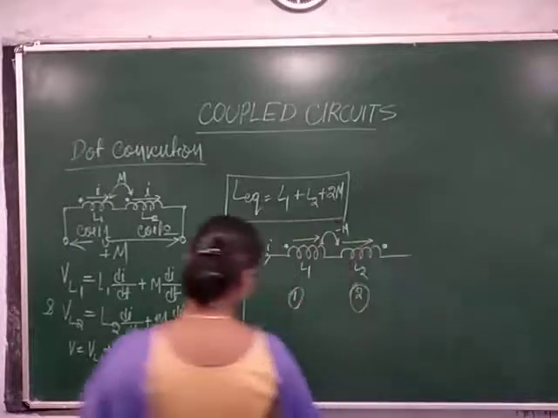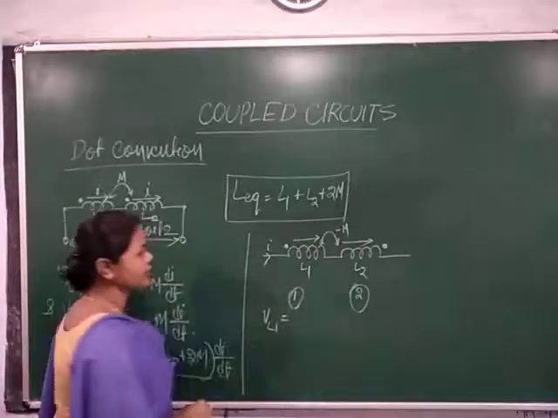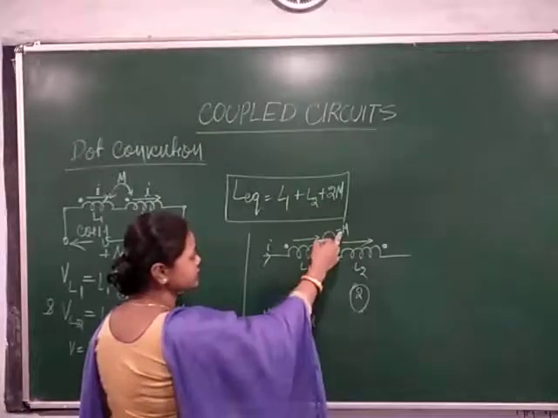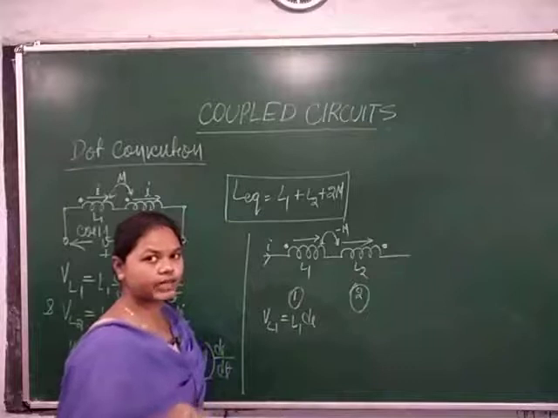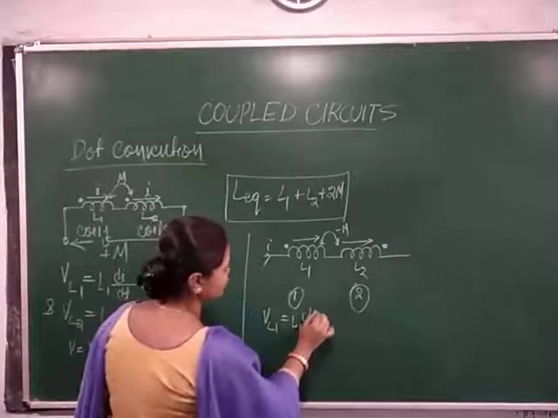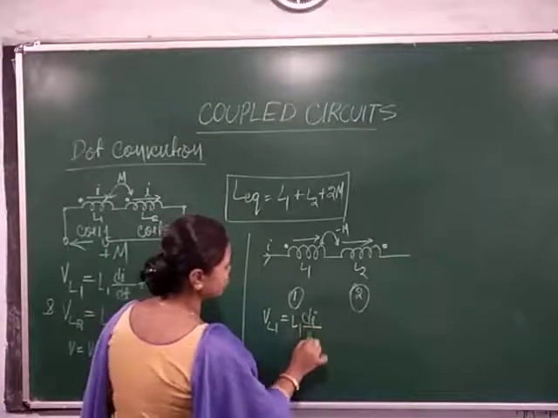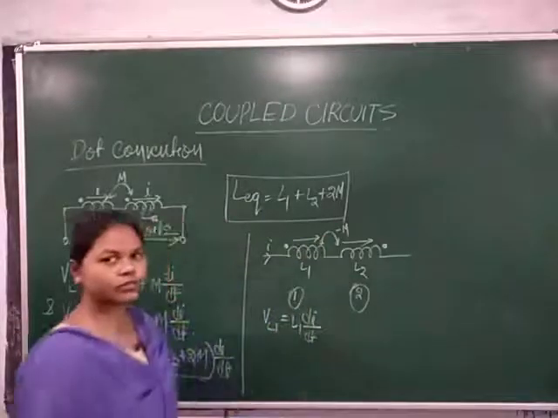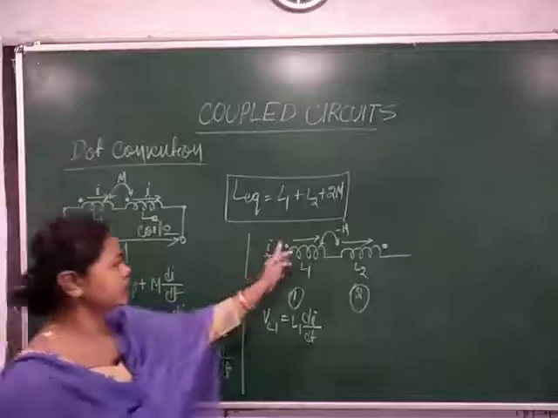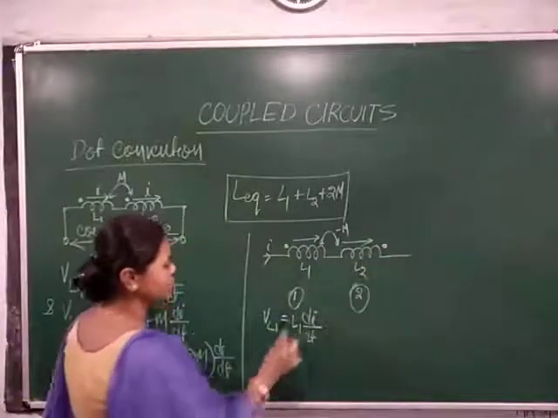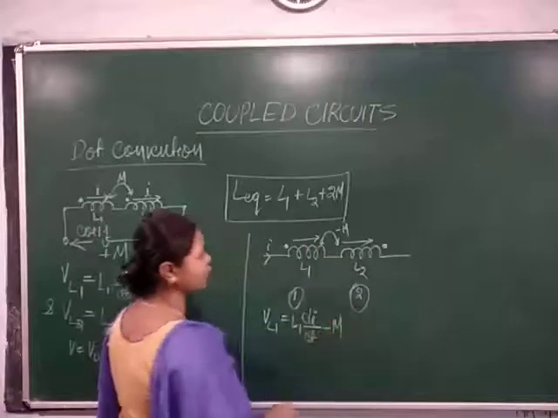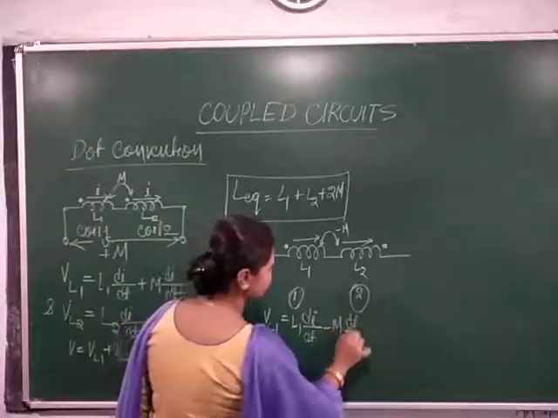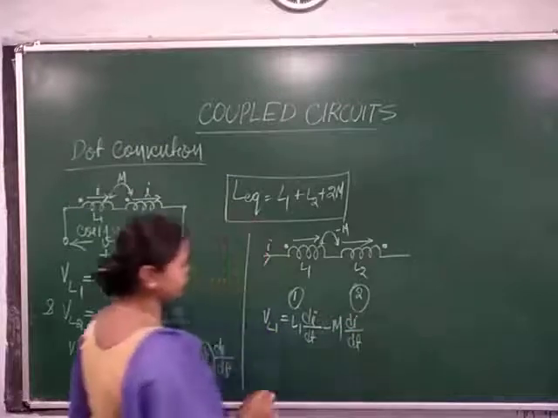So what is the voltage equation for coil 1? It is the voltage due to self inductance plus the voltage due to mutual inductance. So it is L1 di by dt, and as these two coils oppose each other, how do you know? By this dot convention technique you know. So the voltage due to mutual inductance is minus M di by dt.